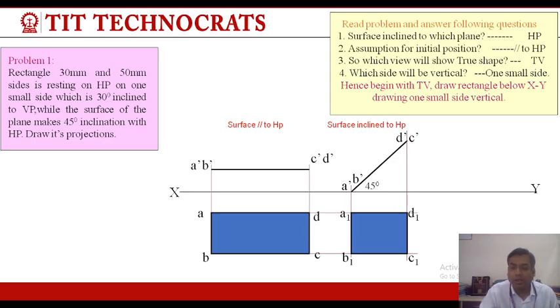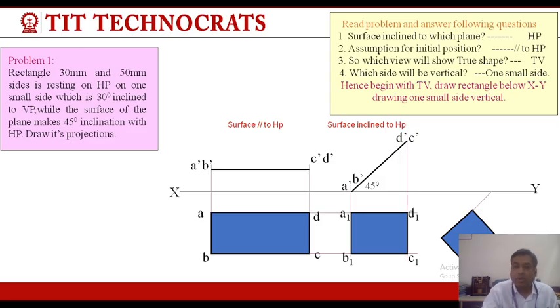Here the given angle is 30 degrees. So from the XY line we will draw a line at an angle of 30 degrees and we will keep the shorter side on that angle and we will copy the shape of step 4, that is the reduced shape, in step 5.